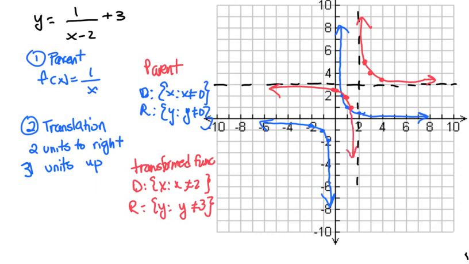Here we go. So that's it. That is the graph of y equals 1 over x minus 2 plus 3. And this is the graph of the parent function y equals 1 over x.